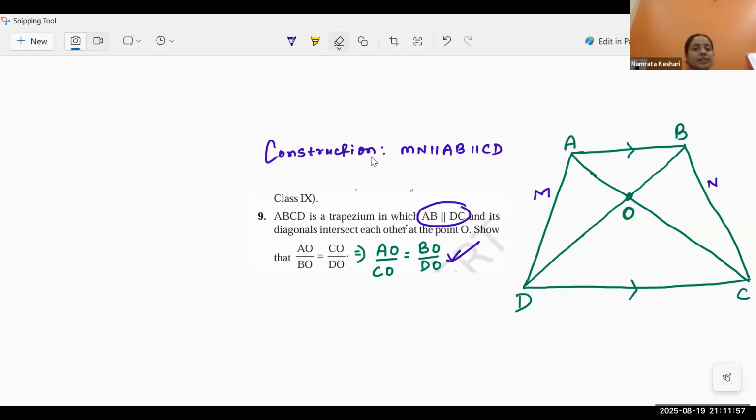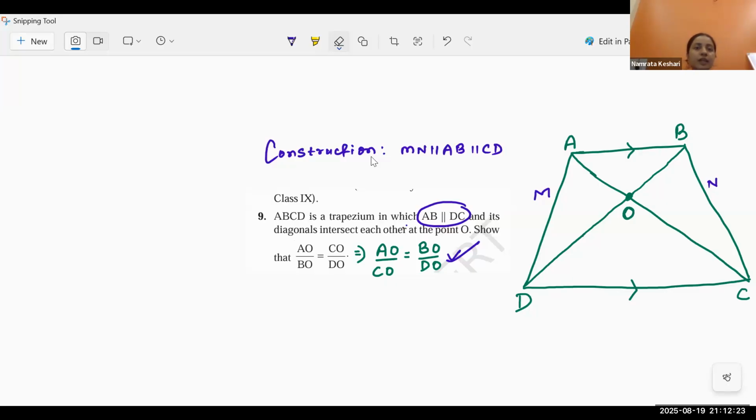Just look at ADC. Are we able to use the basic proportionality theorem? Parallel condition we are having? No. What are we having? Nothing, just AB parallel to CD. Are we able to use this AB and CD parallel in any one of the triangles? No.